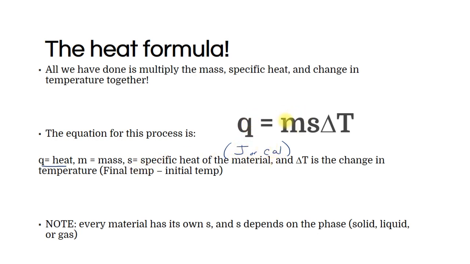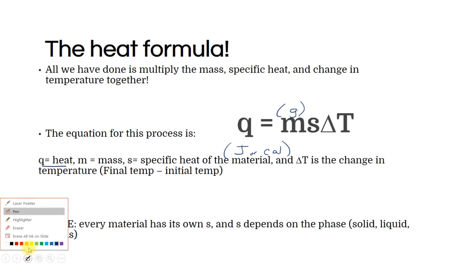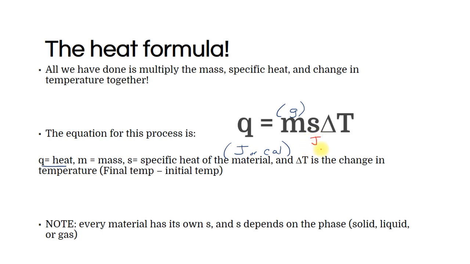M is mass, so this is going to be in grams. S is that specific heat that we were talking about. Like for water, it's 4.184. Every substance has its own specific heat. All right, but the unit for S is joules per gram degree C. Okay, so that's our S here.